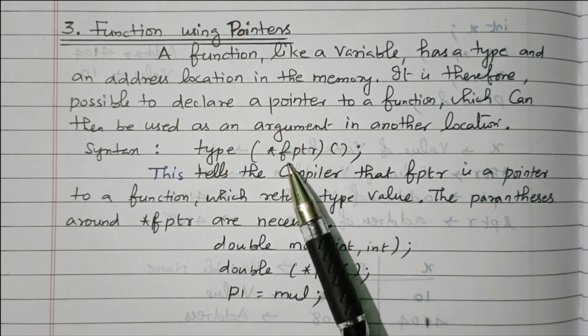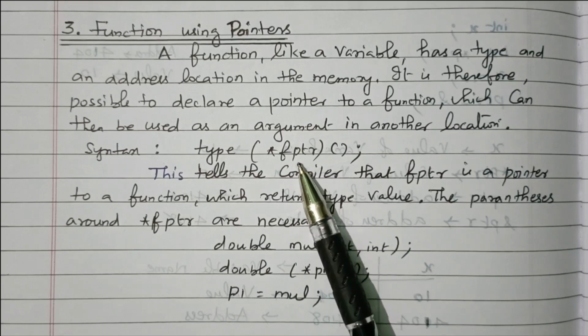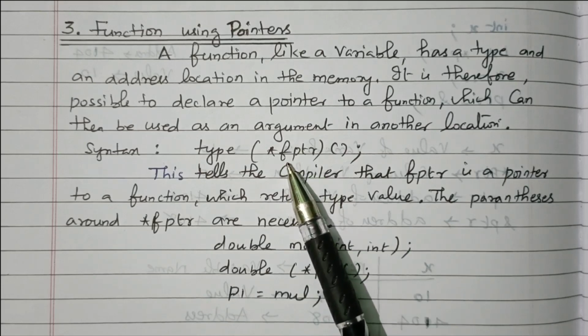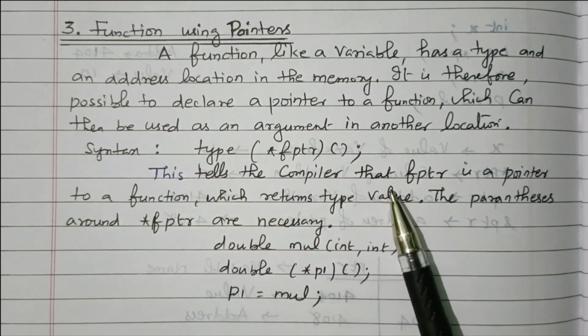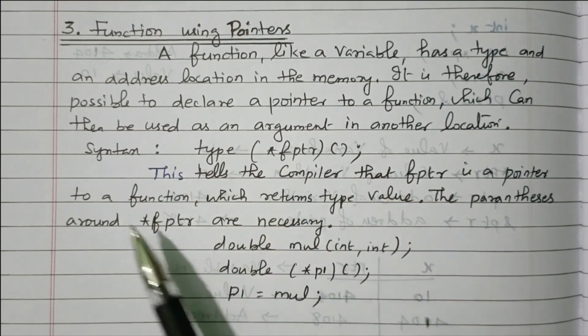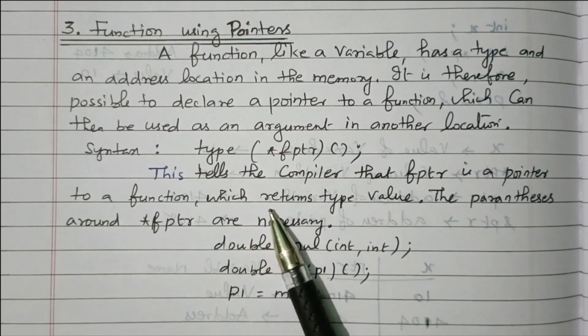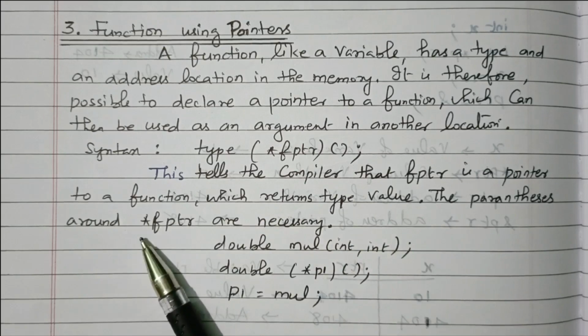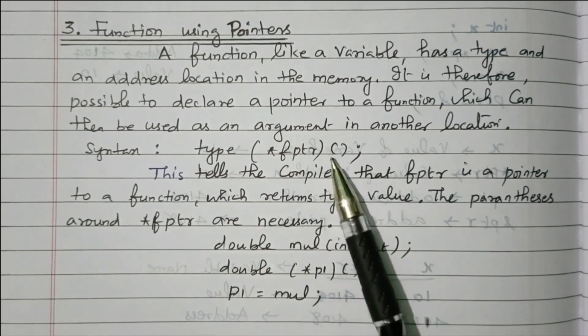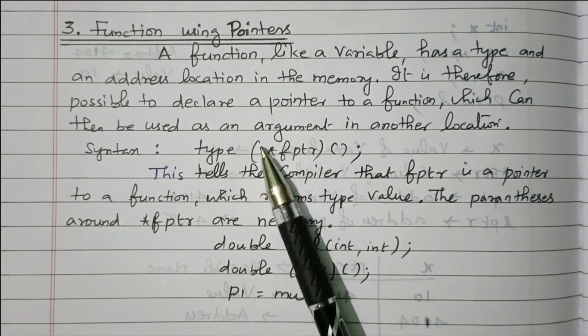This f refers to the function pointer. Normally ptr refers to the pointer, fptr refers to the function pointer. This tells the compiler that fptr is a pointer to a function which returns a value of that type. The parentheses around *fptr are necessary. This parenthesis is necessary.